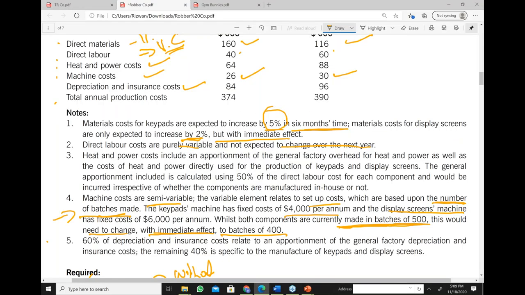The keypad machine has a fixed cost of 4,000 and display screen machine has a fixed cost of 6,000. Now can you tell me, is this a relevant fixed cost? Now what do you think, guys? Okay, so because the statement is not that clear, to be honest, it could go both ways.